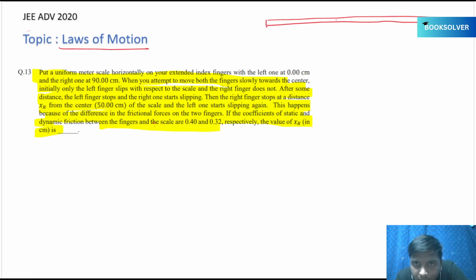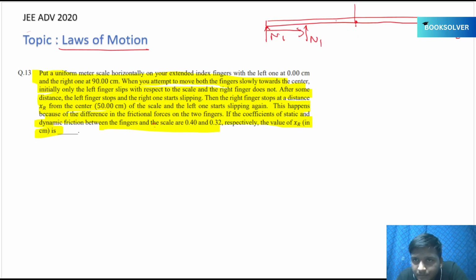So initially my left finger is here, applying some normal force N1, and my right finger is at 90, applying force N2. It starts moving and stops after some time. This is the center, which is at 50.